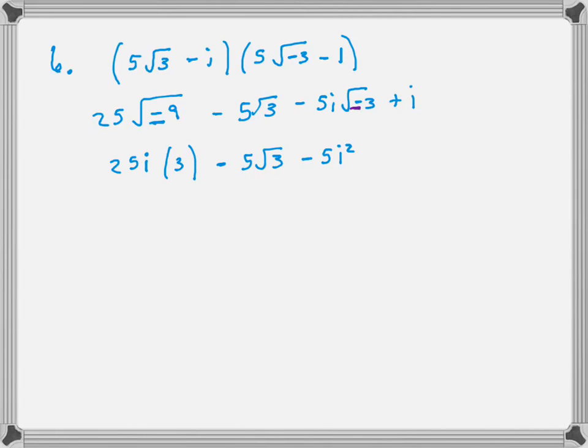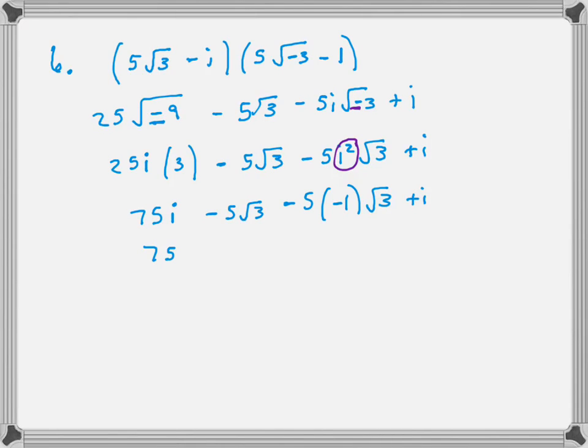So we're pulling out an i from there, root 3 plus i. Then if we simplify this again, we can get 75i minus 5 root 3, and now this i squared here turns into a negative 1, so we get negative 5 times negative 1 root 3 plus i, and then this can become 75i minus 5 root 3 plus 5 root 3 plus i.